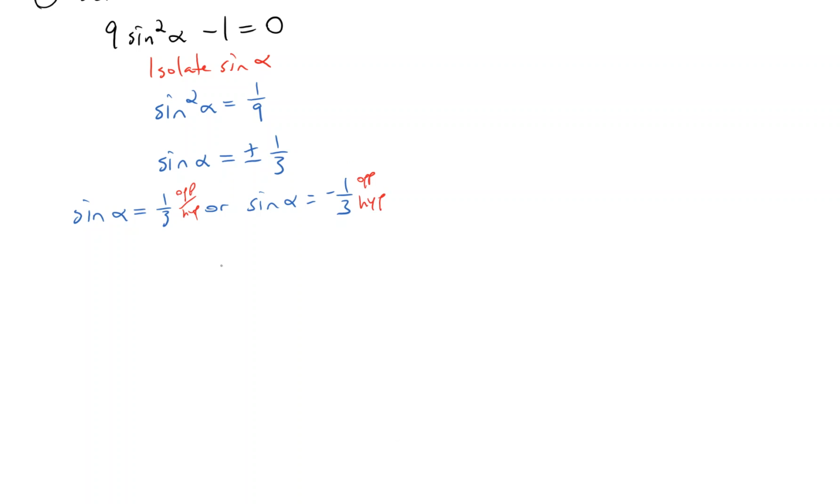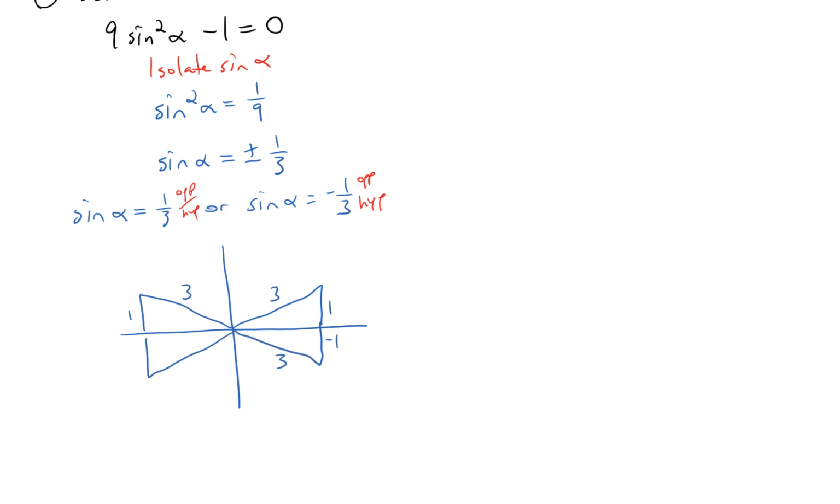So if I'm looking at sine equaling positive 1/3, I could have an opposite side of 1 with a hypotenuse of 3. So I get these two possibilities. Or if sine is negative, I could have an opposite side of negative 1 with a hypotenuse of 3 and get these two possibilities. Okay?